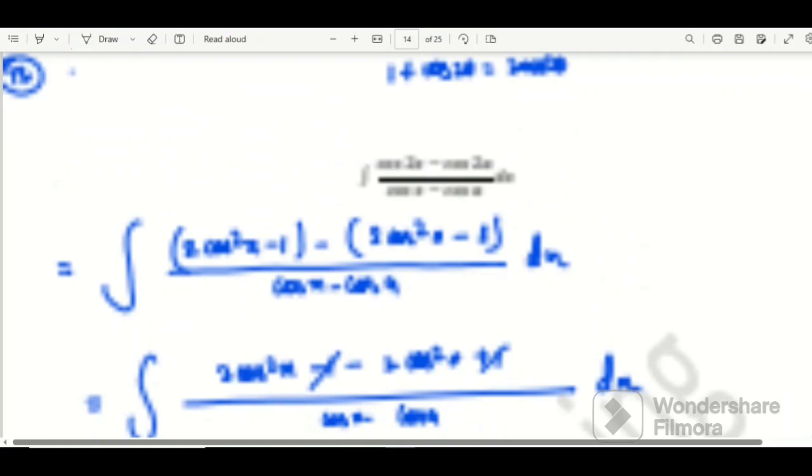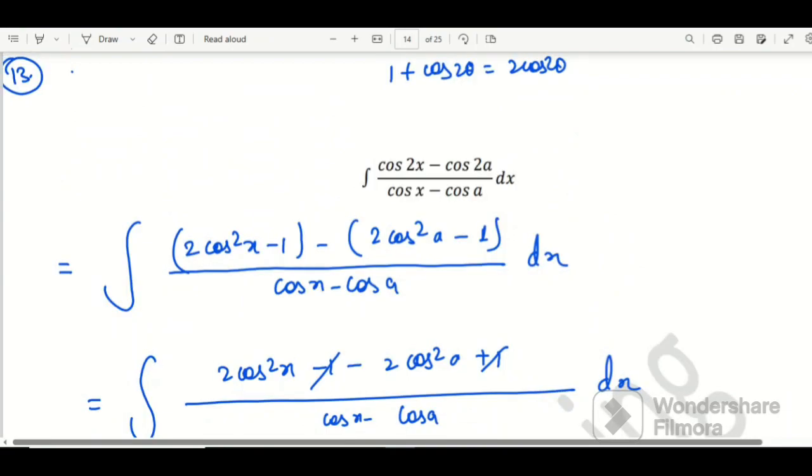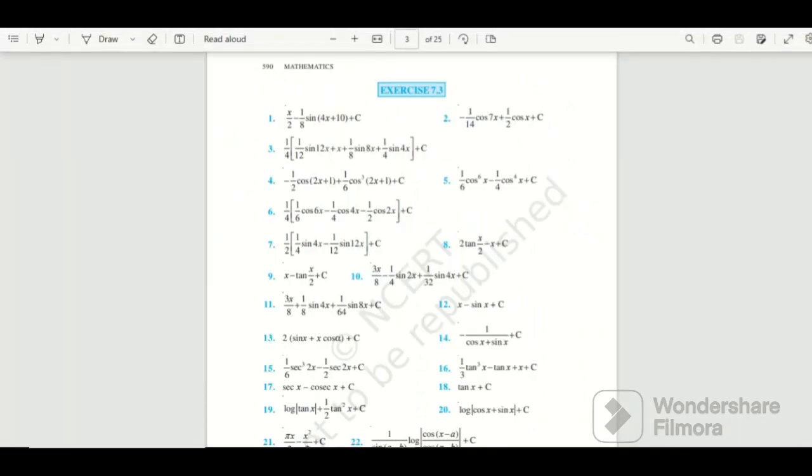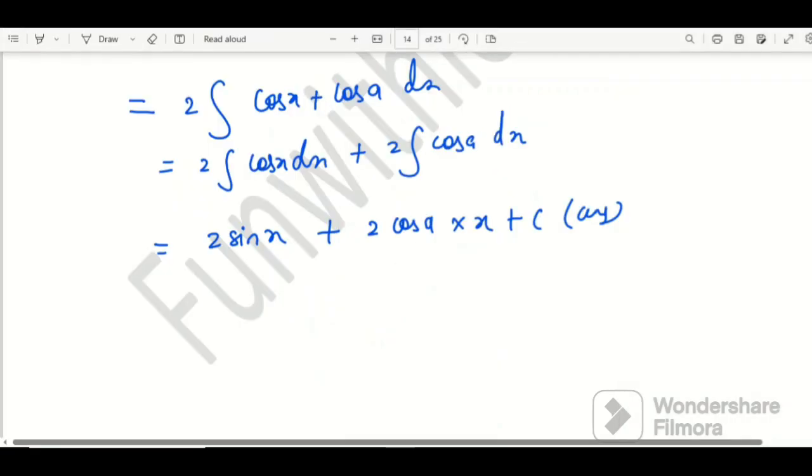This was the 13th number: 2 sin x plus x cos a, and we can take 2 common, plus c.